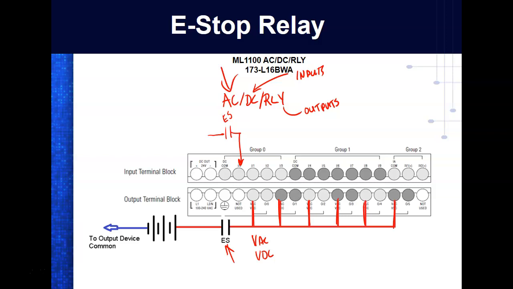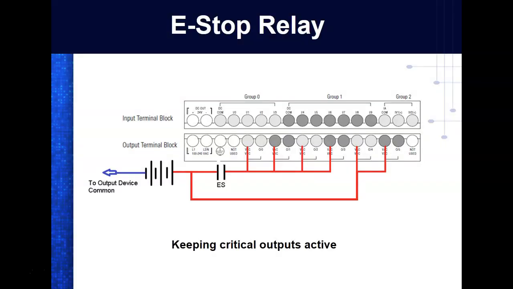So now the outputs are not going to be updated and the inputs are not going to be updated, right? This would be where we could take non-critical inputs and kill the common. Critical inputs, we would do what? We would lift those up.